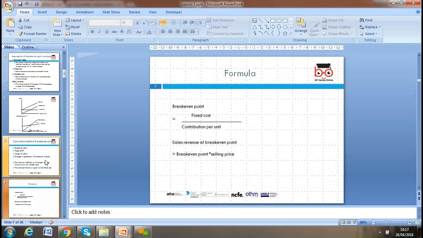So which will calculate formula. The first formula is break-even equals fixed cost divided by contribution. So when we need to find the break-even point, fixed cost divided by contribution is our break-even point, where no profit, no loss.